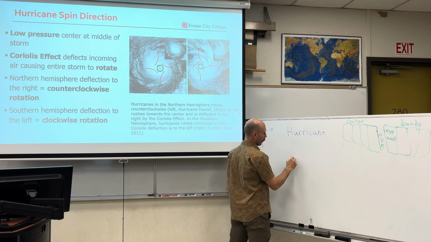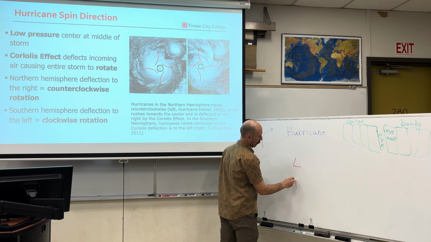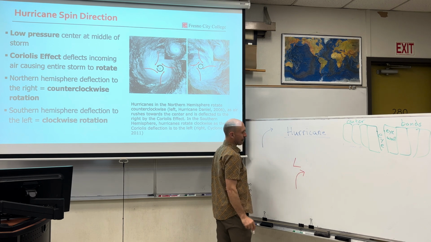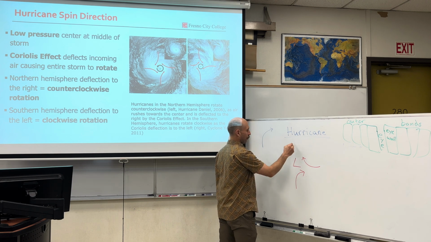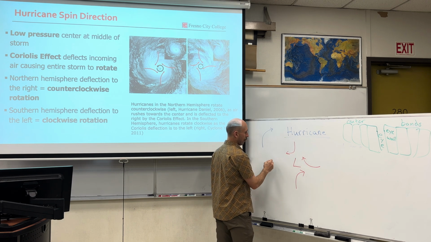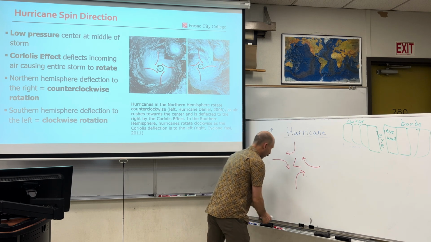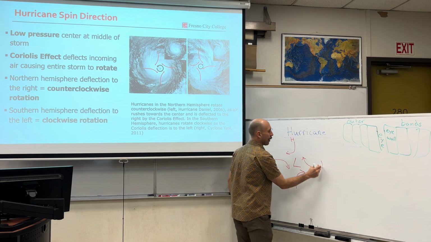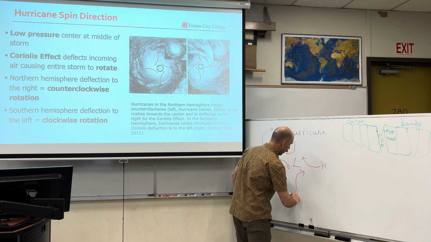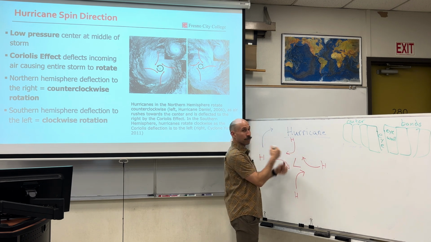So with a low pressure center, that means that there's going to be a slight bend to the right. All the wind rushing from high pressure, which is out here, all the high pressure rushing into the low pressure center, because that's what a hurricane is.